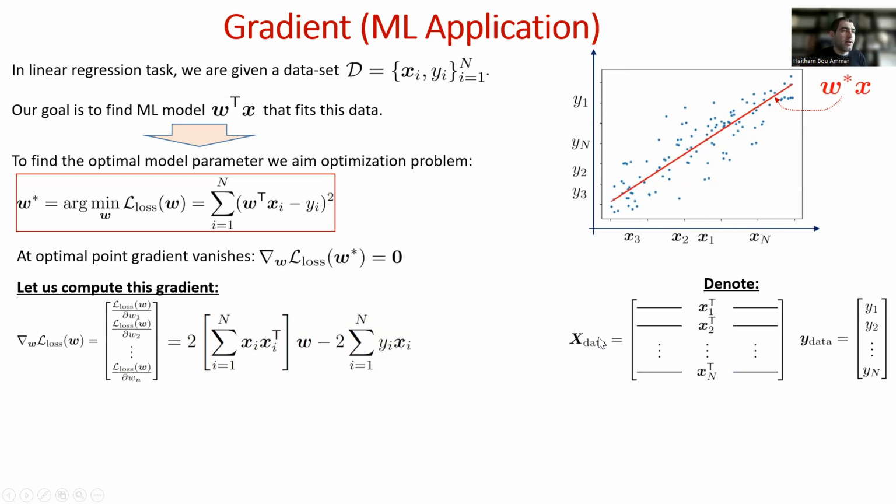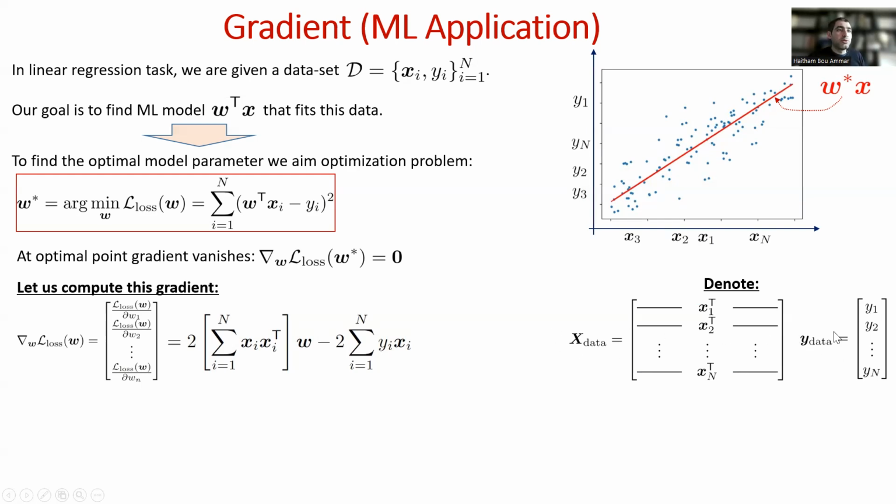So the first data point, X1 transpose, will be the first row of that matrix, the second data point, X2 transpose, will be the second row, and so on. So it's a matrix that has capital N rows because you have capital N input data points. And we also aggregate all the output values, Y1, Y2, up to Y capital N, in one vector, which will be a capital N dimensional vector.